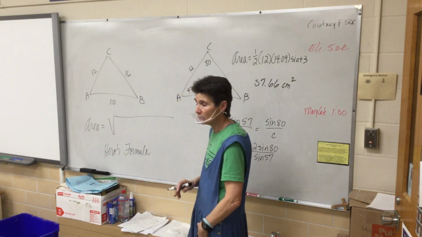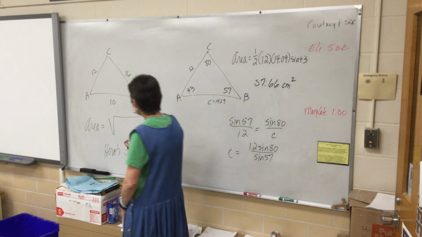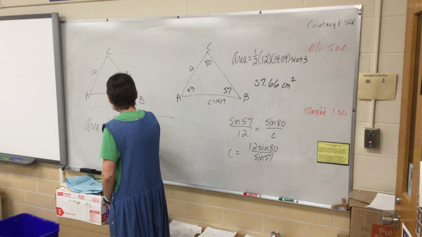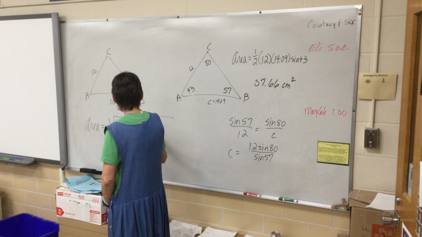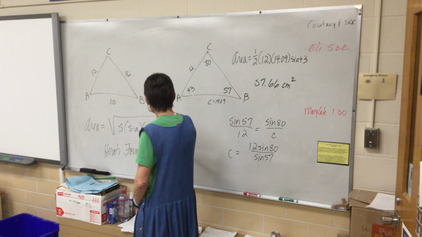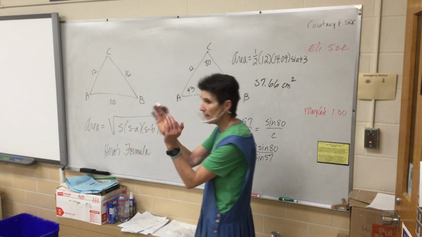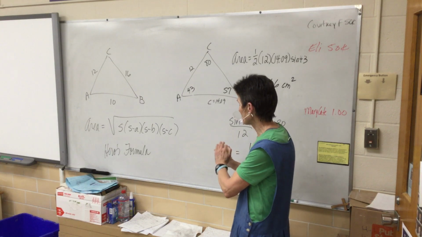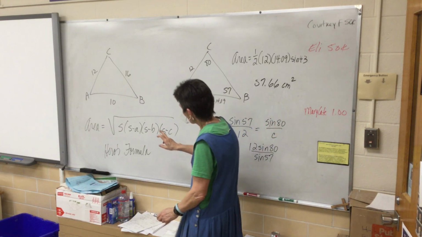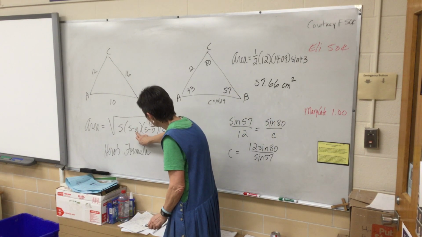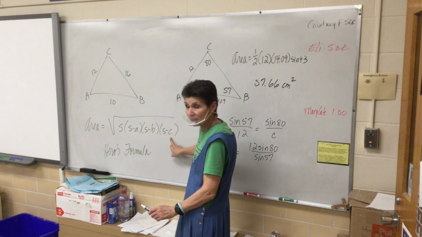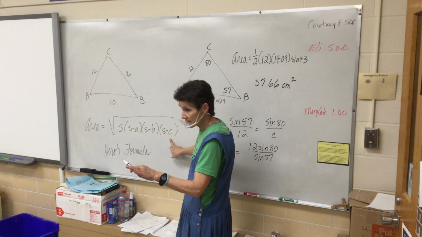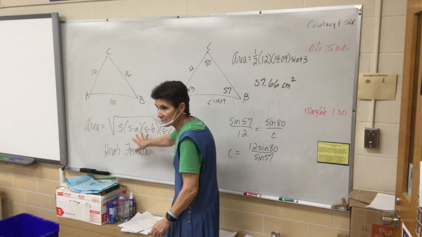It's a big radical, and underneath it, it has 4 things. 4 numbers underneath that radical. I bet you can guess what that little a, b, and c stand for. The sides. So what is this S?